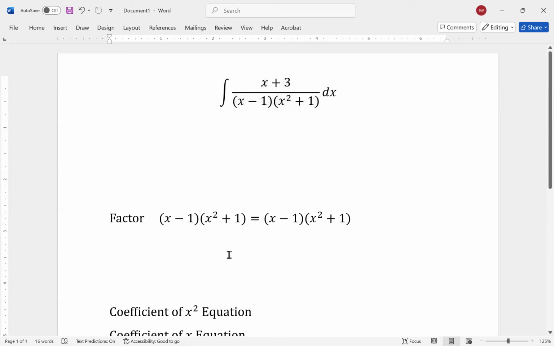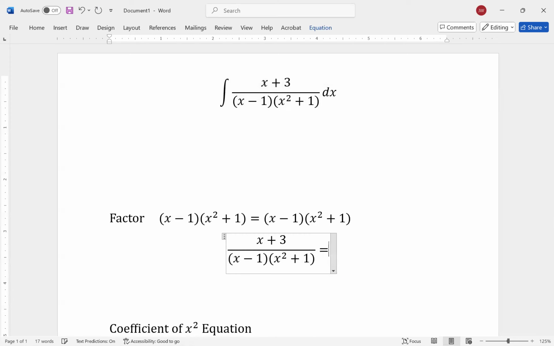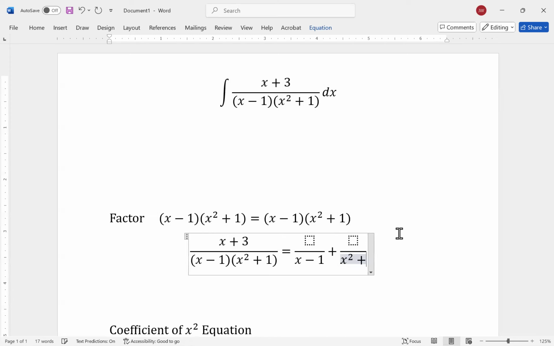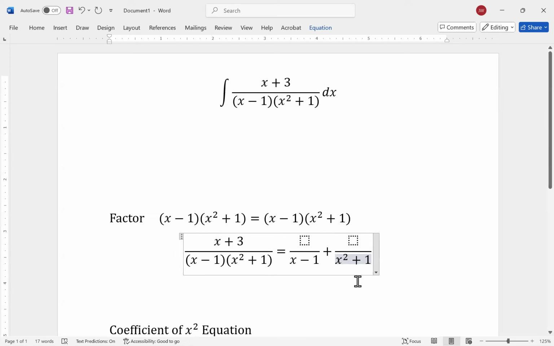And that stinks a little bit, because that means one denominator is going to be x minus 1 and the other denominator is going to be quadratic. And I don't like quadratic pieces. Well, at least I don't yet.